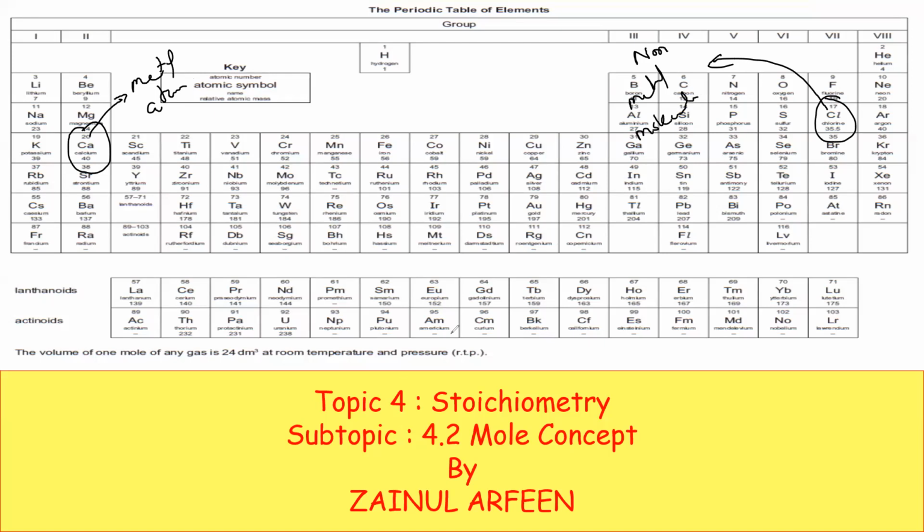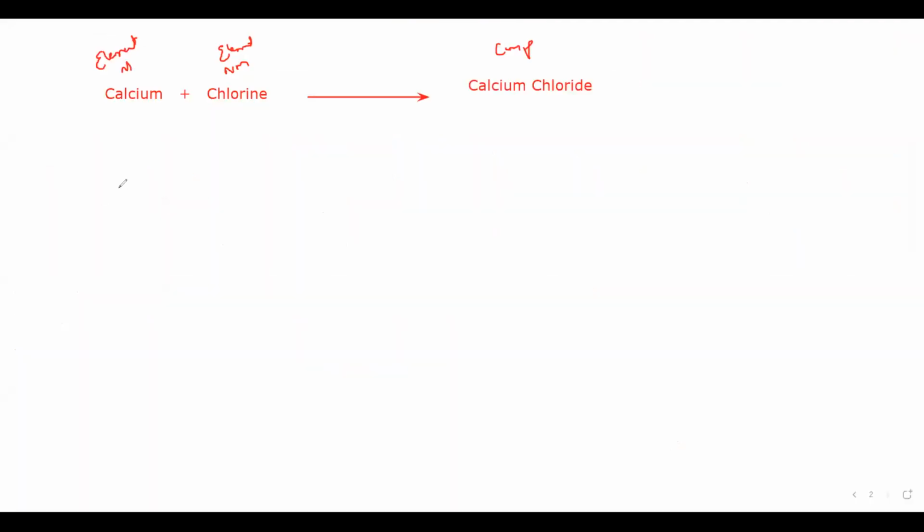It will exist as a molecule. So first we write the symbol for calcium existing as an atom. We write the symbol for chlorine, which is Cl, but it will exist as a molecule. And then calcium chloride. If it's a compound, we don't have to bother how they exist in element form.